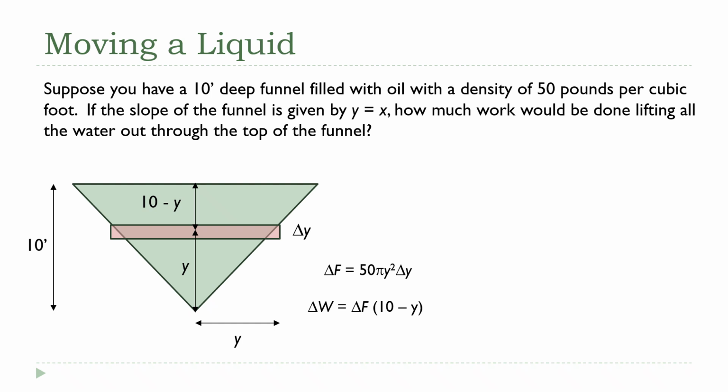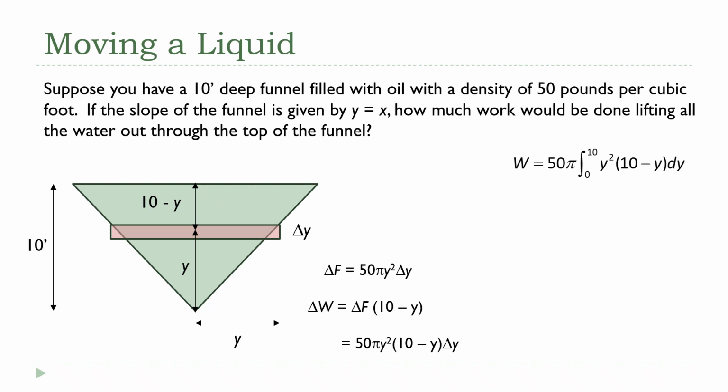But my change in force, that's that 50 pi y squared delta y expression. So I'm going to put that in for delta F. And now I have a formula for the amount of work required to move that little slice up out of the funnel. So to get the total work, I'm going to add up the slices.